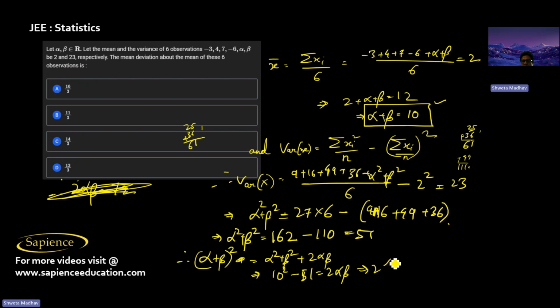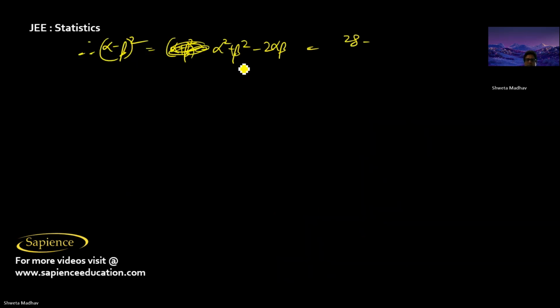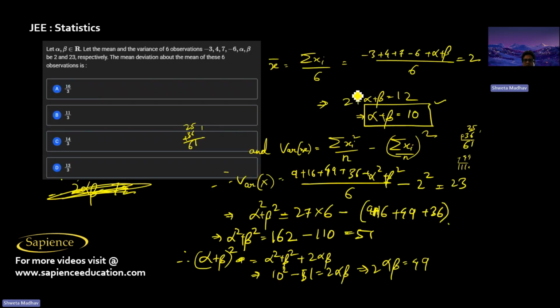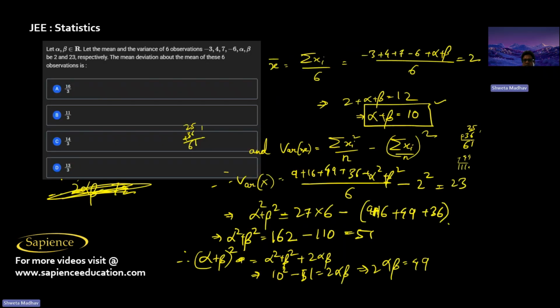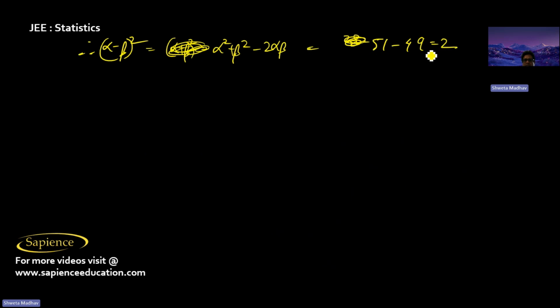So 2 alpha beta will be 100 minus 51, so that is 49. So alpha minus beta whole square will be alpha square plus beta square, that is 51, minus 49, so that is equal to 2.